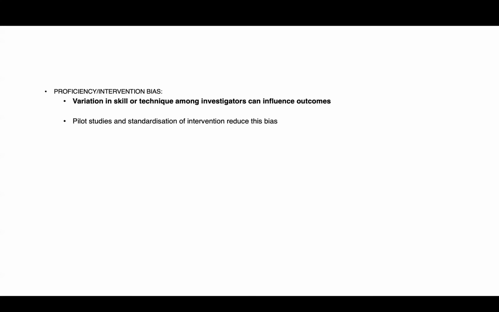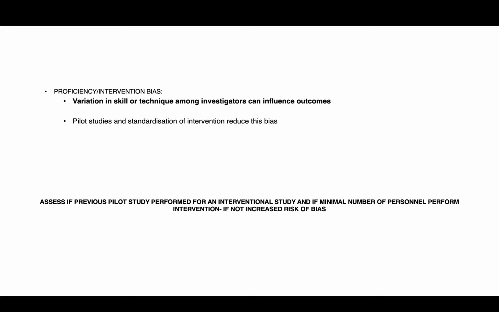If it has been done, then the internal validity in relation to the risk of interventional bias is likely to be less. So assess if a previous pilot study was performed for an interventional study and if a minimal number of personnel perform the intervention. So if both of these are not there, then there is an increased risk of bias due to proficiency bias.